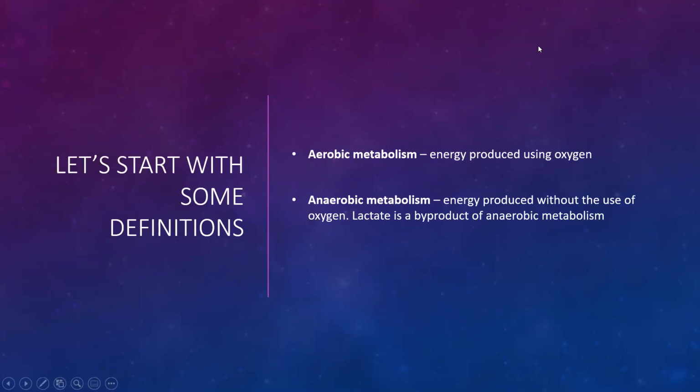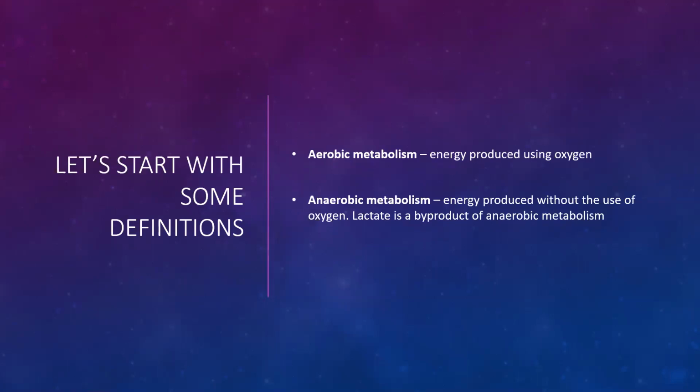So the first thing I wanted to do was a couple definitions. We're basically back in school here, but it's really important to remember that energy for anything you do, not just running, not just strength, even sitting here breathing, comes from two different systems: aerobic metabolism and anaerobic metabolism, with metabolism basically being the creation of energy.